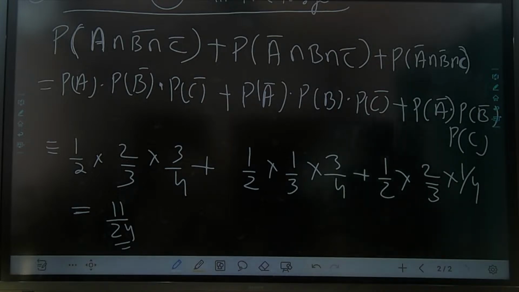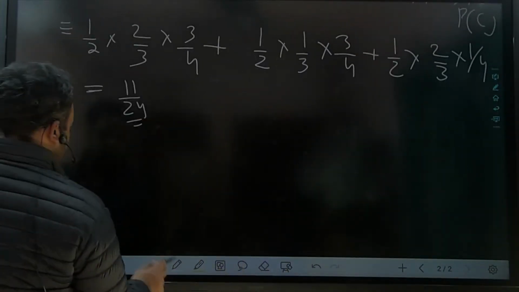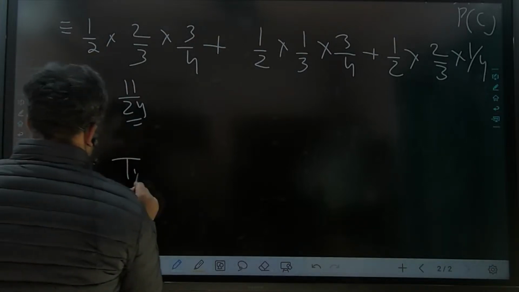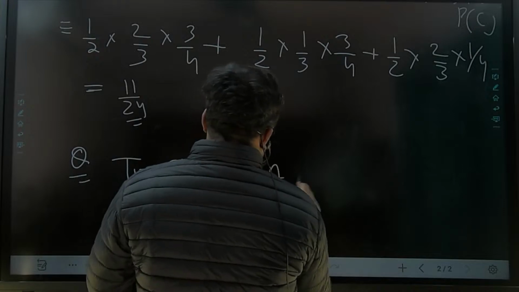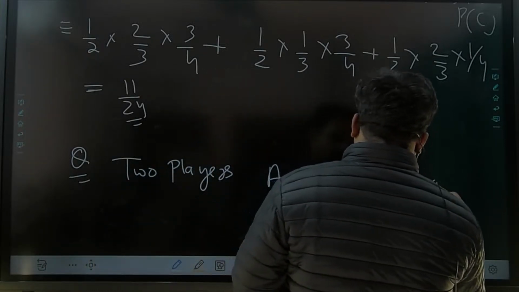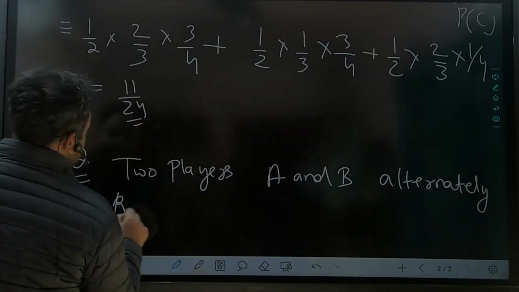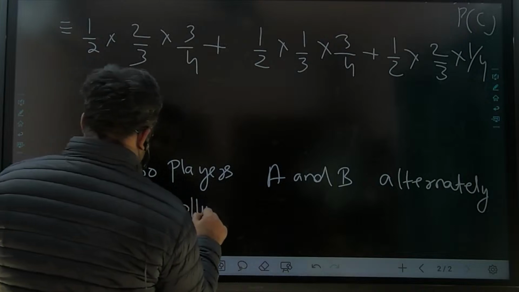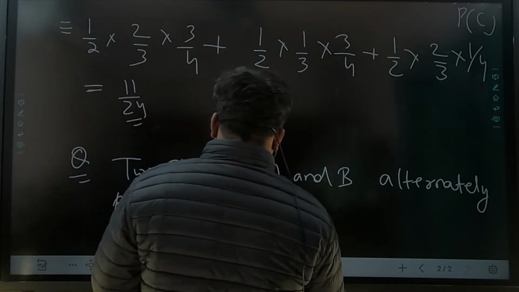Okay. Now we see one more question. Two players A and B alternately keep rolling a fair dice.